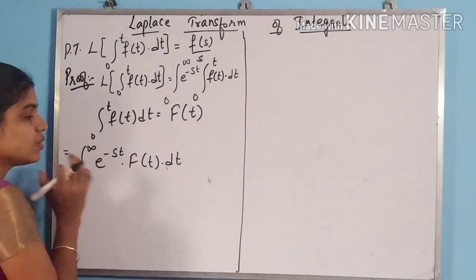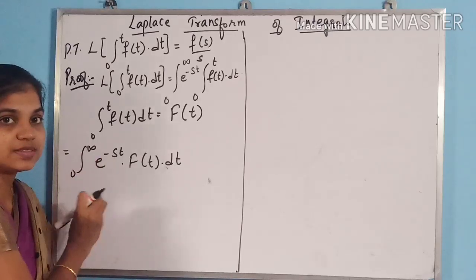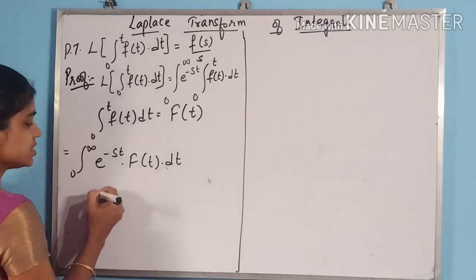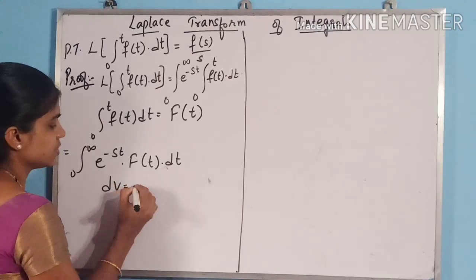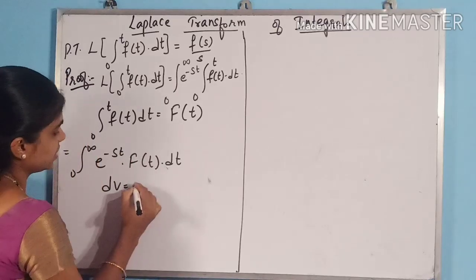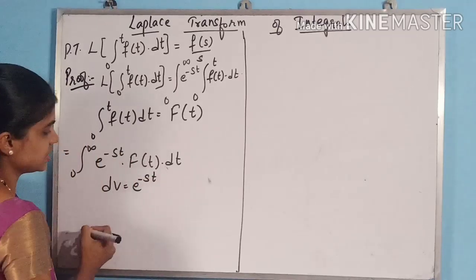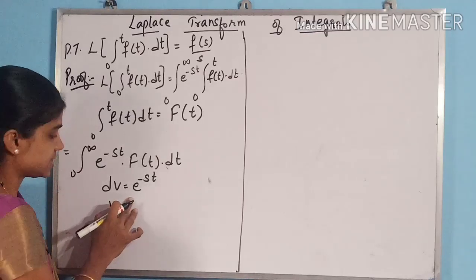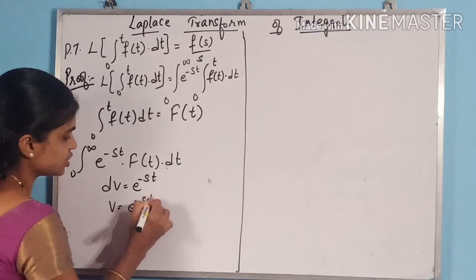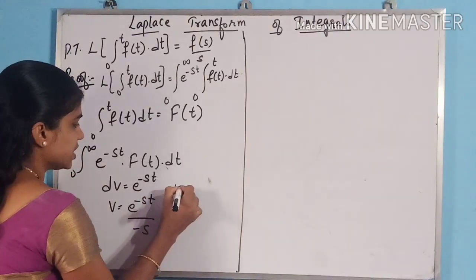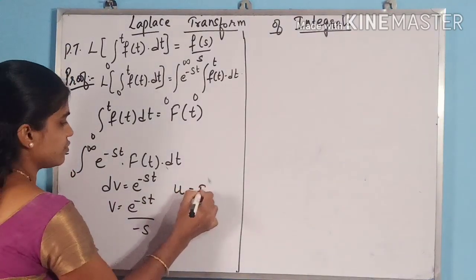Now we have to integrate this, integrating by parts. So we're going to take dv is equal to e raised to minus st. So what is v? Integration of e raised to minus st is e raised to minus st by minus s, and I'm going to take u as F of t.